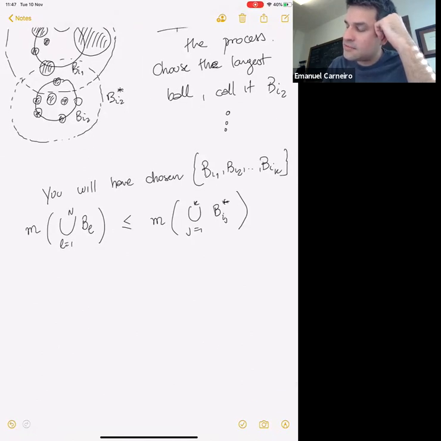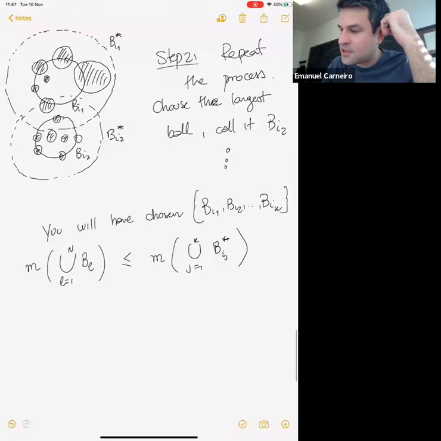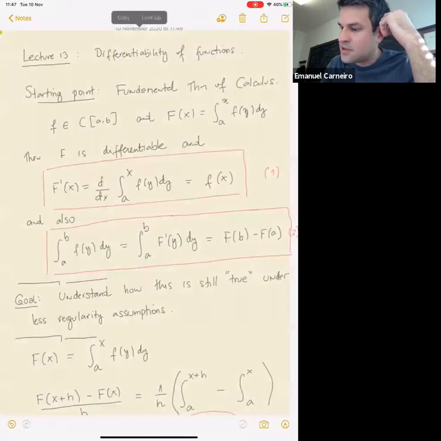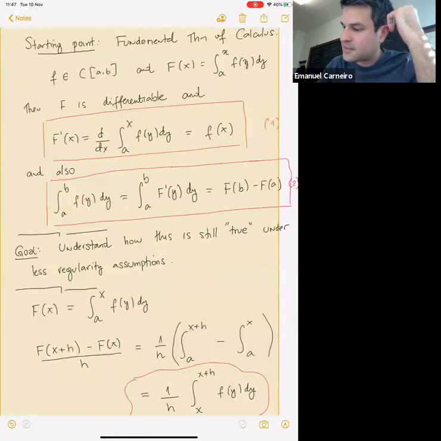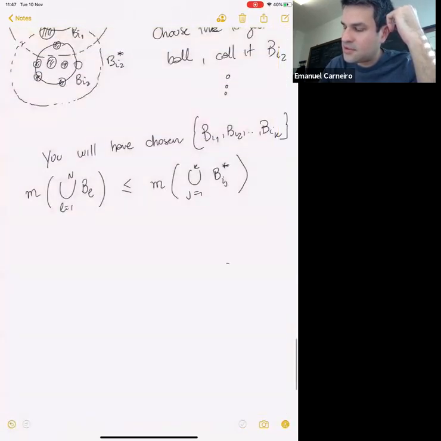But okay, these balls are not disjoint, right? These balls BIJ stars are definitely not disjoint, but certainly the measure of the union is less than or equal to the sum of the measures of the BIJ stars.